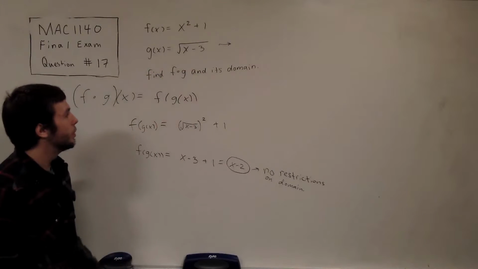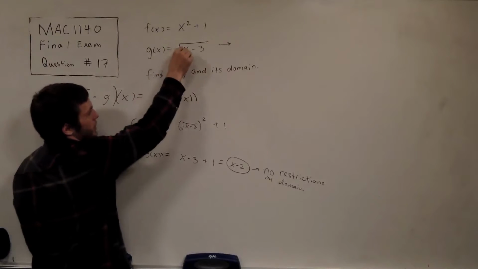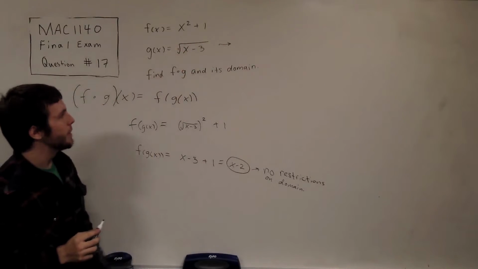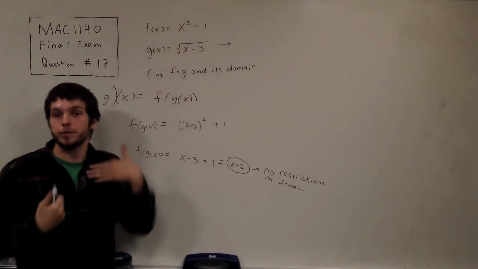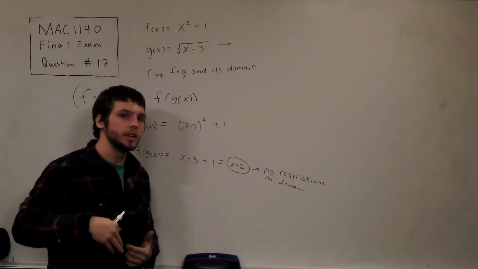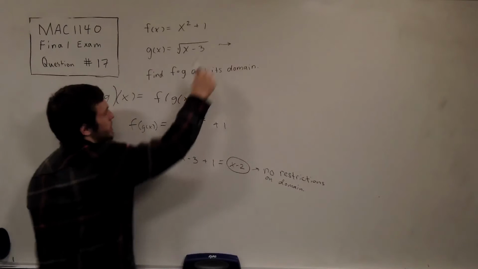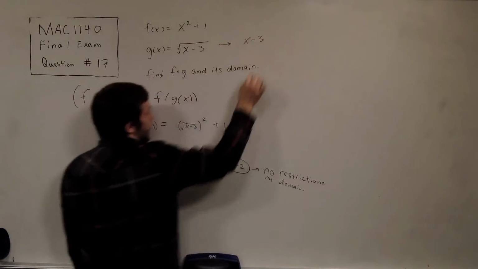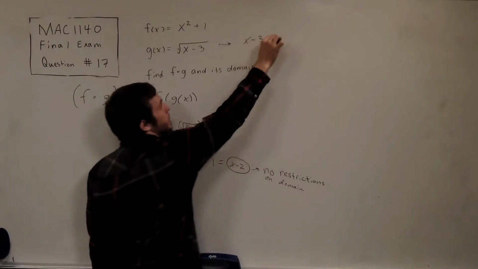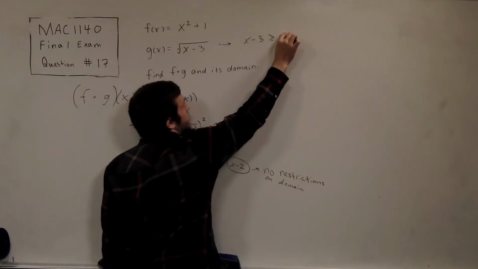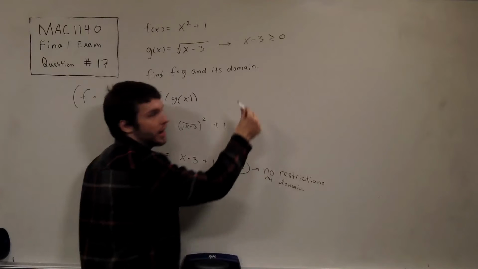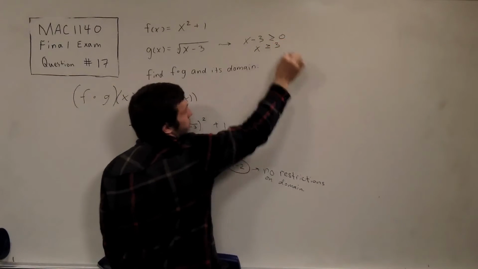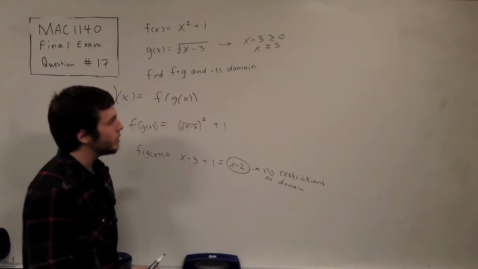Whenever the root is an even root, the inside of it must be nonnegative. The inside is x minus 3, so x minus 3 must be greater than or equal to 0. Solve this for x. In other words, the domain must be x greater than or equal to 3.